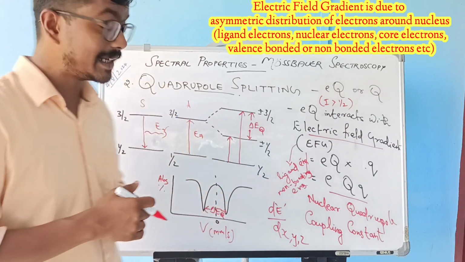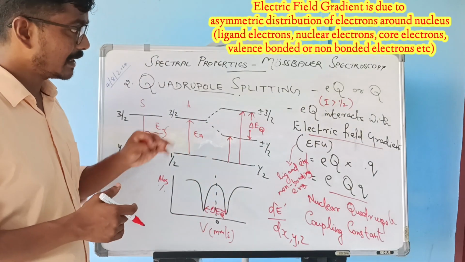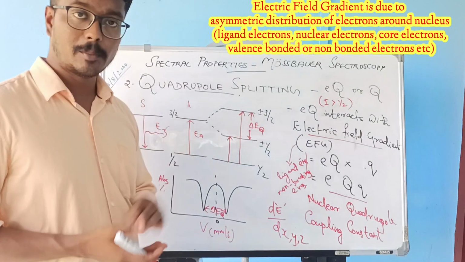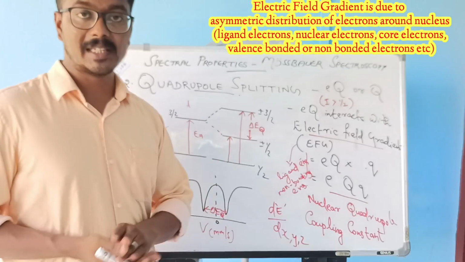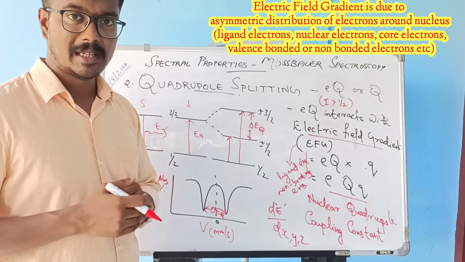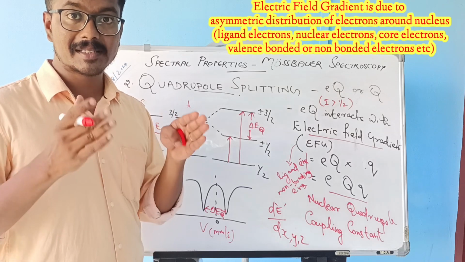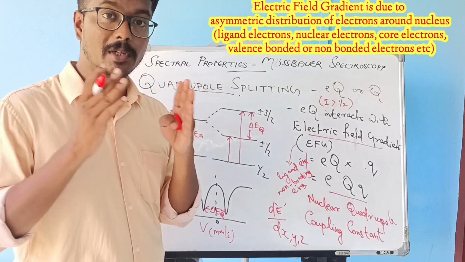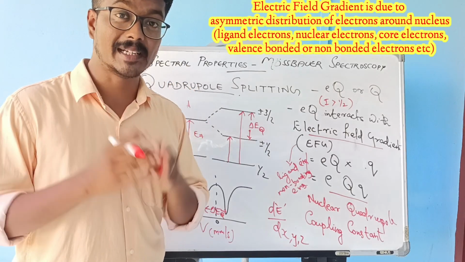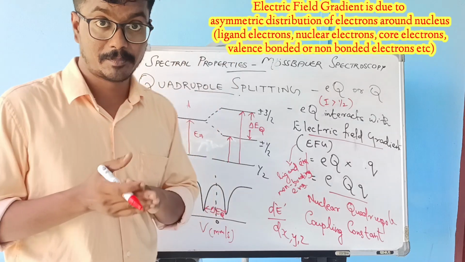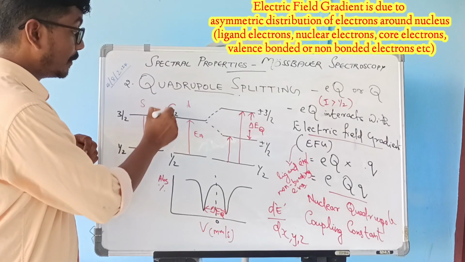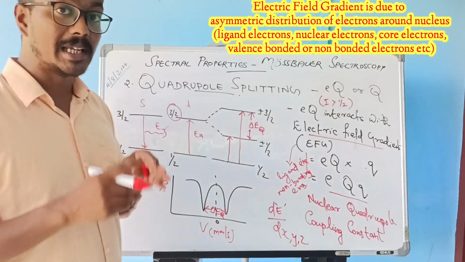Now we move on to the energy level diagram. Due to this quadrupole moment and its coupling with the electric field gradient in each direction, the nuclear energy levels are split. As a result, the 3/2 energy level gets split.